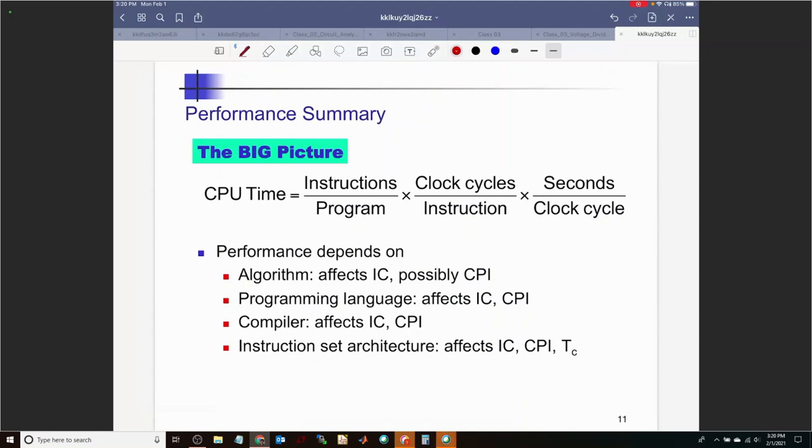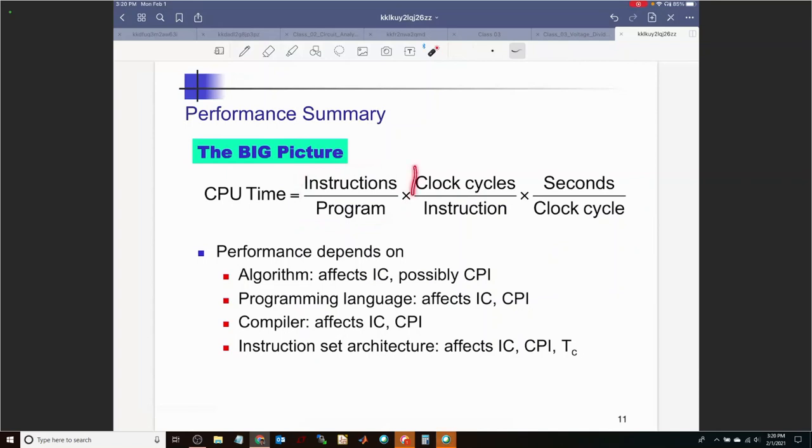The first one is instructions per program. How many instructions are required to complete one particular program or one particular task? Are they 5? Are they 10 instructions? Are there 20 instructions? That would be instructions per program, also called instruction count.